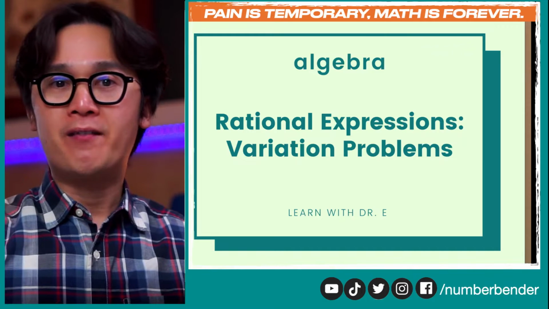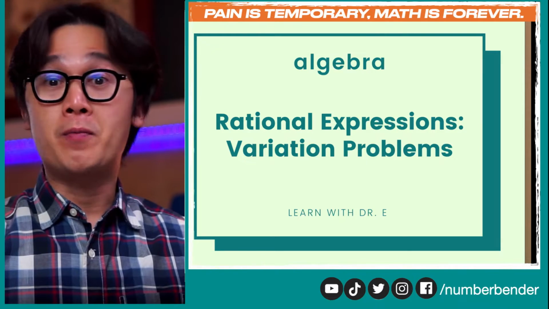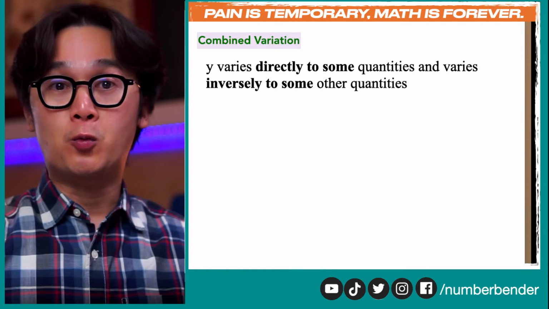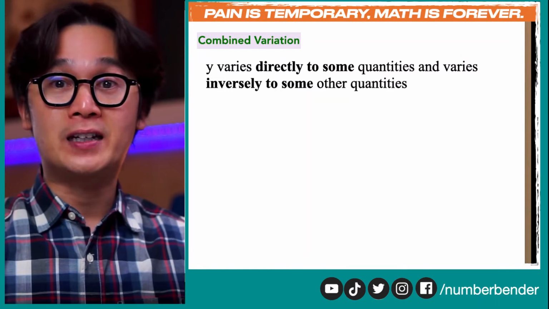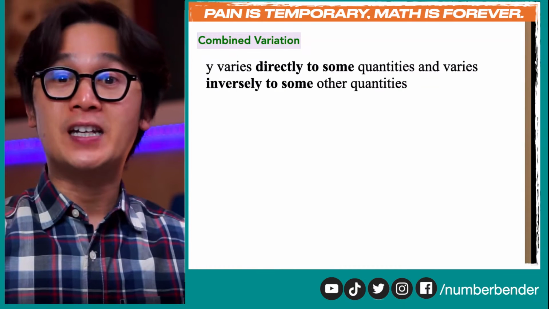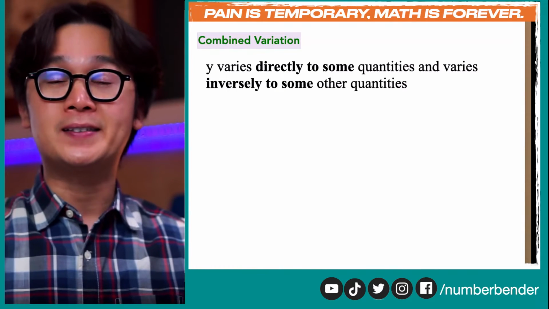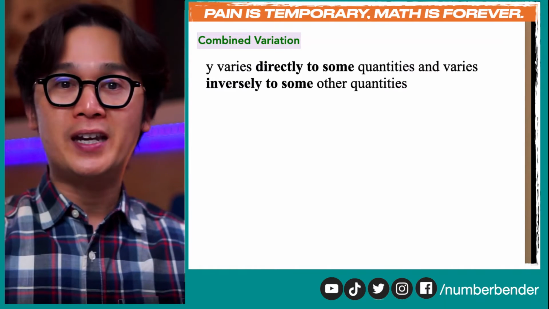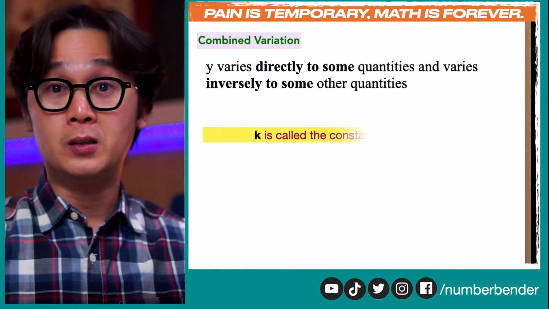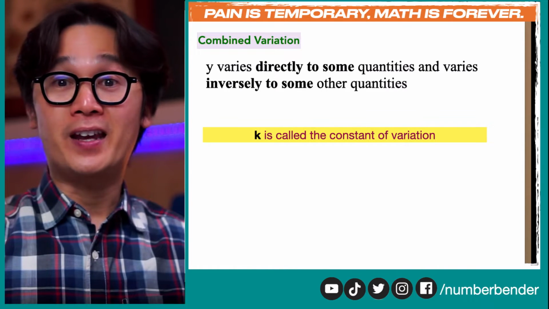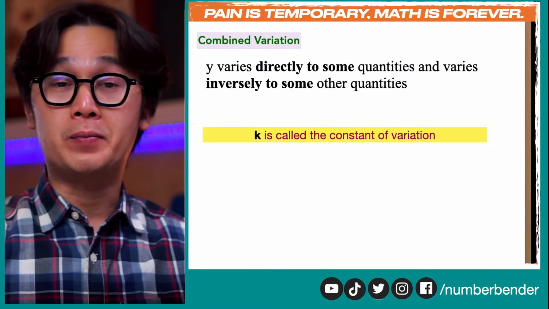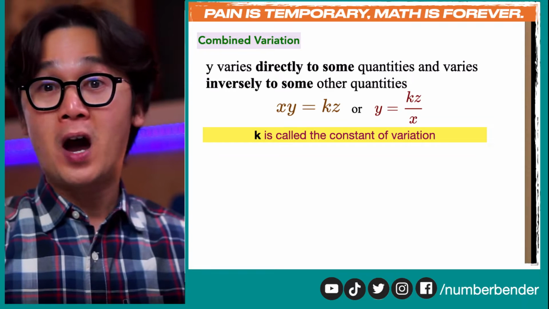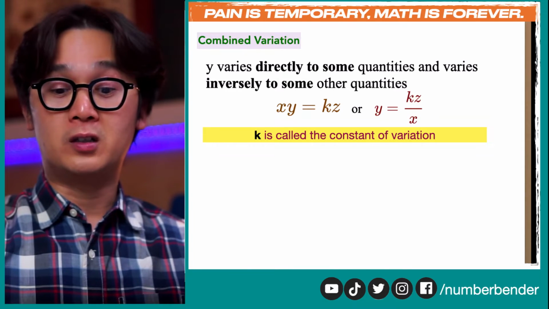And what is combined variation? Just like from the word itself, it's just a combination of two or more relationships that we're going to be working on today. So if y varies directly to some quantities and varies inversely to some other quantities, the formula or equation that we're going to be using associated to this type of variation problem, where k is the constant of variation that we're going to be watching out for, is going to be y equal to kxz, or y equal to kz all over x.